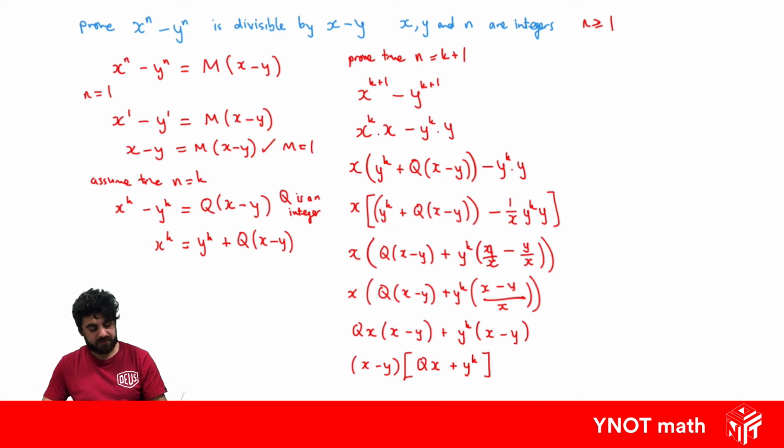So we can successfully say that this can be written as x minus y times some integer p, which means that we've just proven that x to the k plus 1 minus y to the k plus 1 is also divisible by x minus y. So therefore, it's true by mathematical induction.